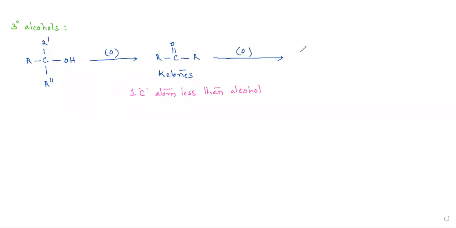On further oxidation, we get acids, again with one carbon atom less than the ketone. So here in this case it is less, less. So same, same, same, less, and here it is less, less.